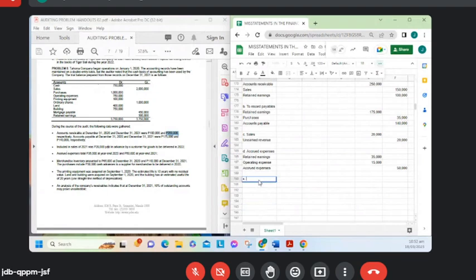Letter E. First is on the merchandise inventory, amounting to 65,000 at the end of 2020. So what's the result of that? Inventory beginning is overstated. So we'll have to record that inventory beginning and then retained earnings.